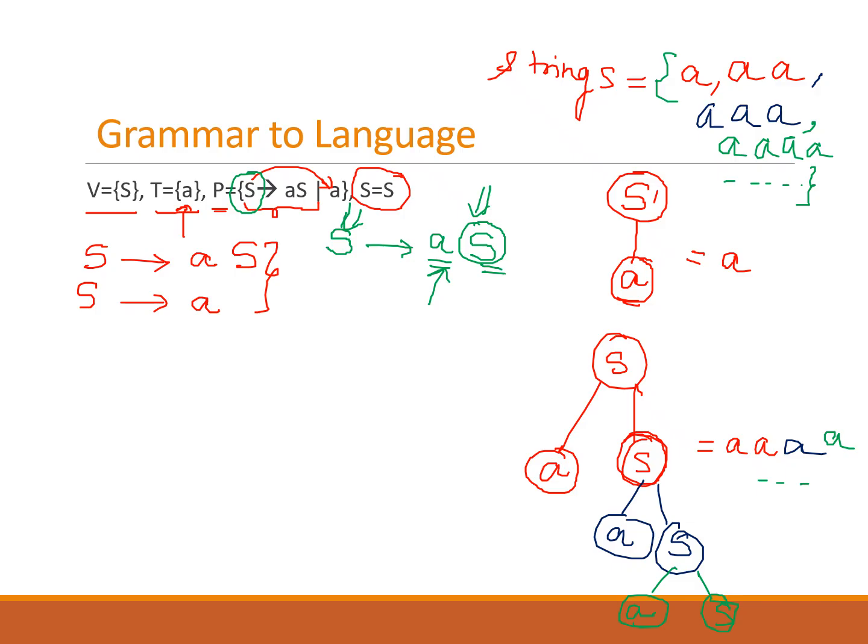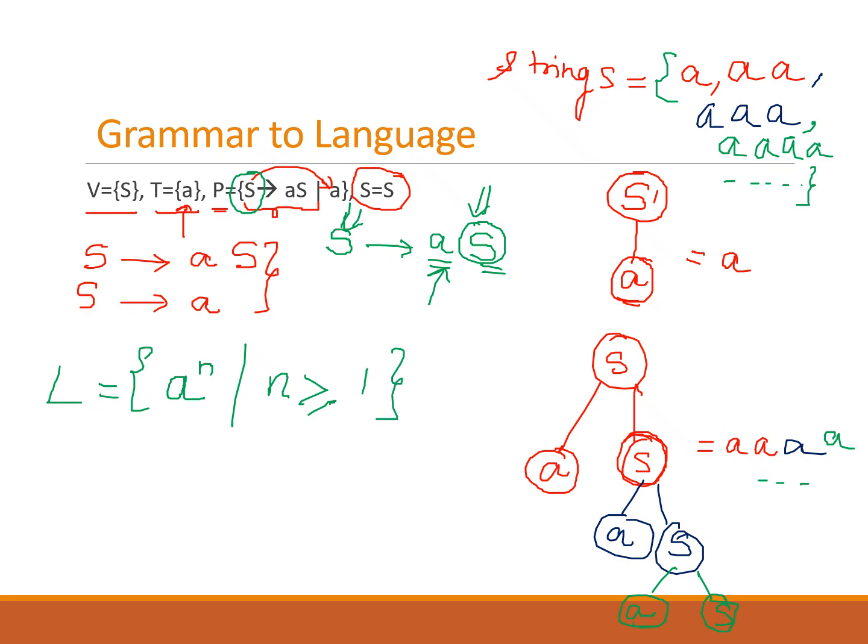So if I have to write it in the form of a language, I will write it as L equals. Now, how many A's can I accept? I can accept A, but how many? We can write it in a generalized form, say A raised to n, such that n is greater than or equal to 1.